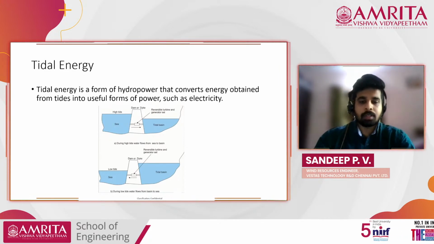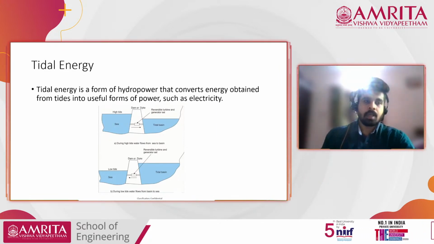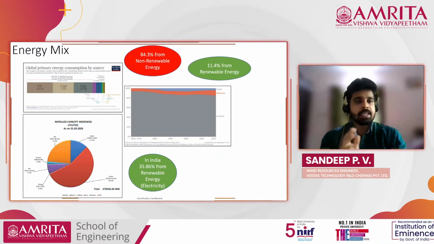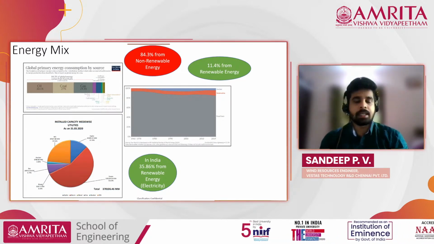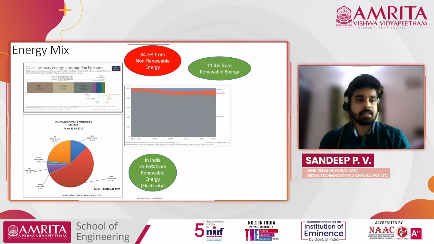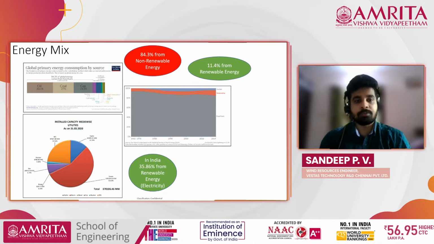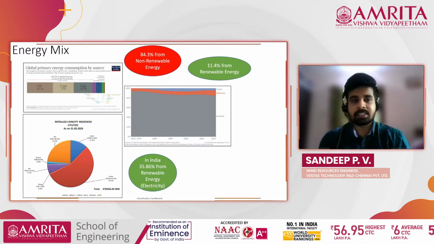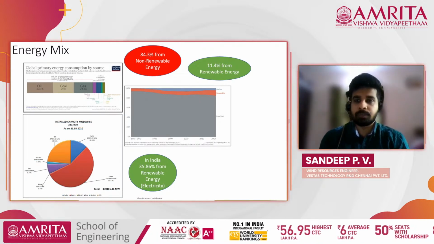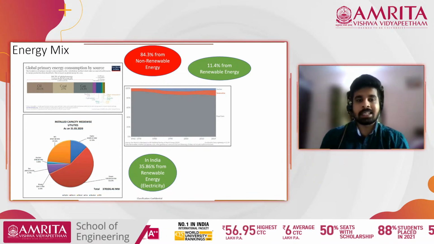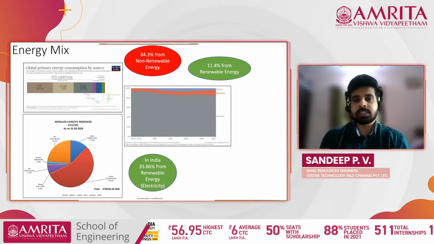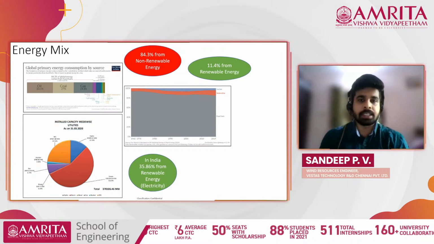When we look at the global energy mix nowadays, we can see that more than 50% of our energy still comes from fossil fuels, and only around 11 to 12% comes from renewable energies.